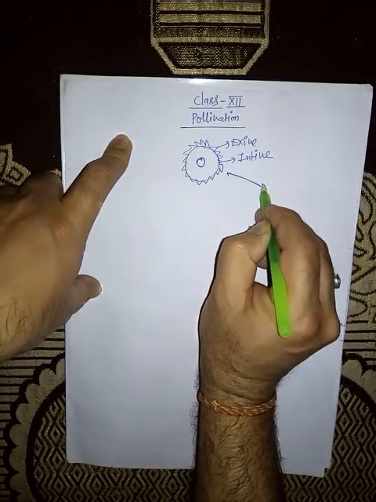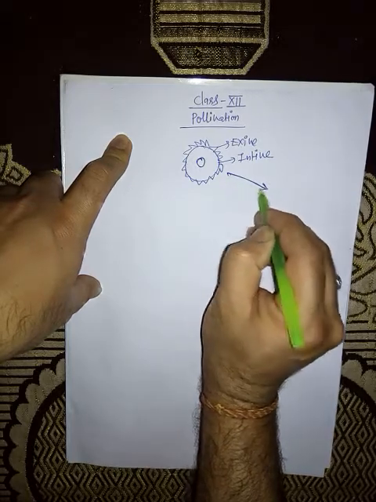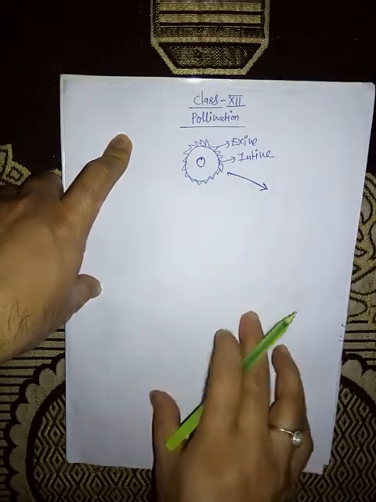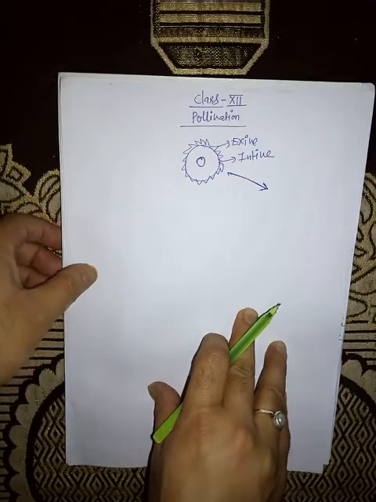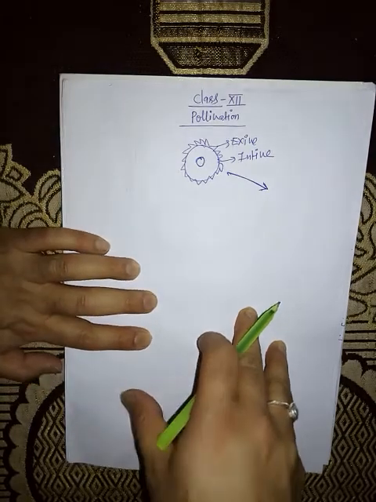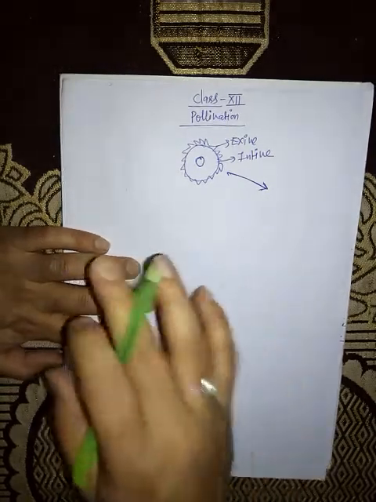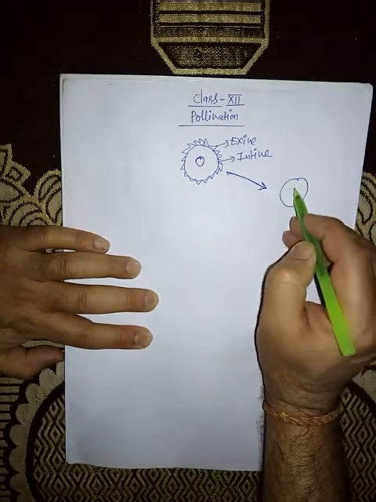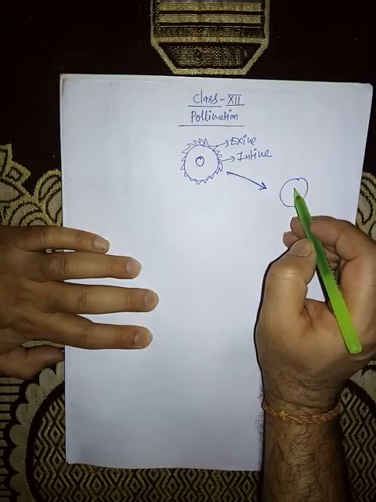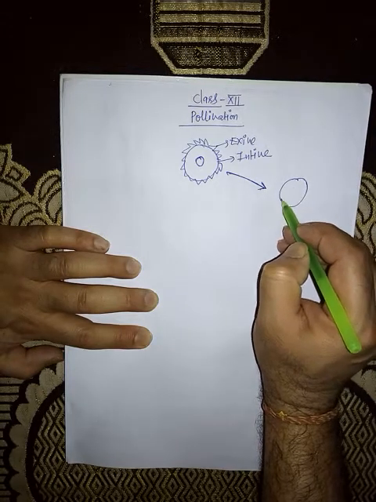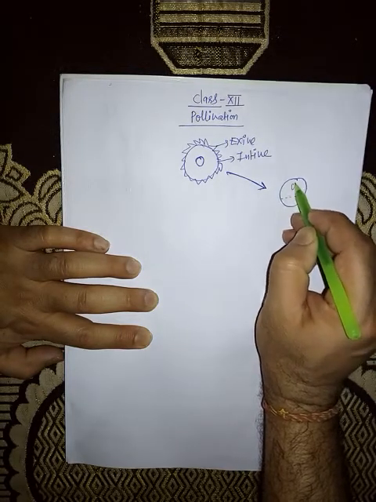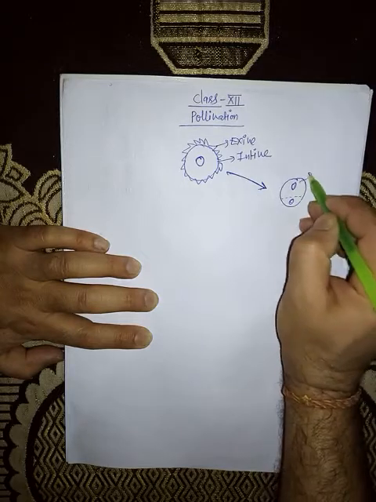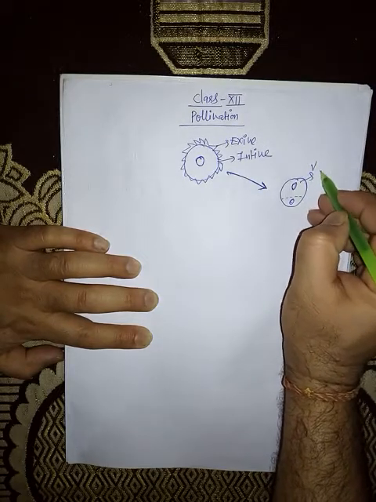Before pollination, the pollen grain is divided into two cells. It means it contains two cells. The first cell is called the vegetative cell, right? And the second cell is called the generative cell.